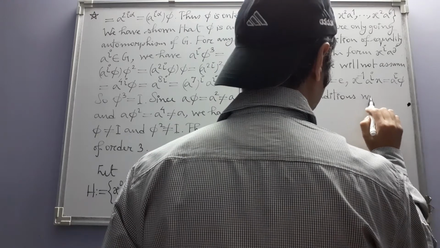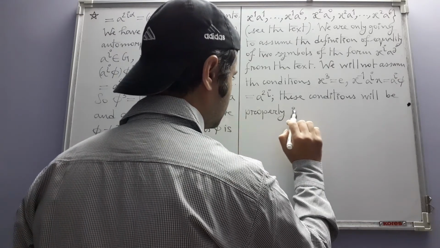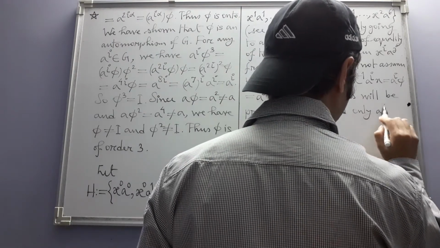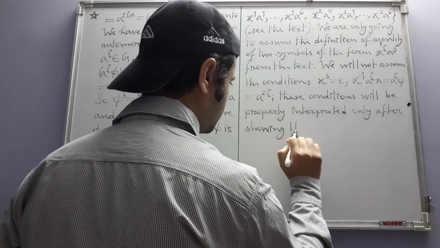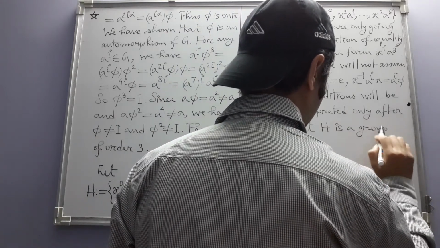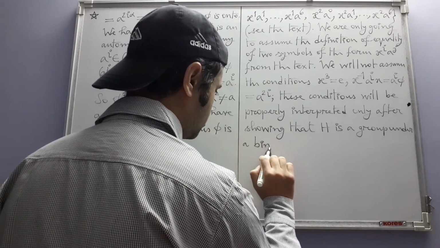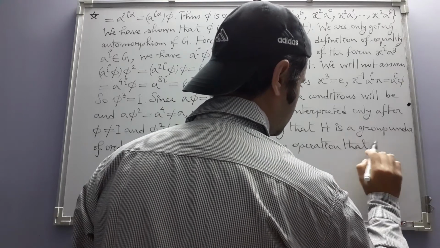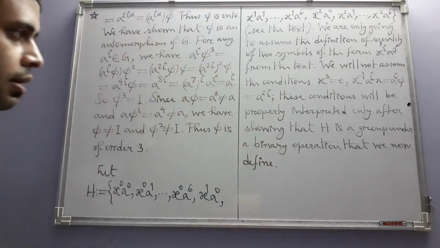These conditions will be properly interpreted only after showing that H is a group under a binary operation that we are now going to define.